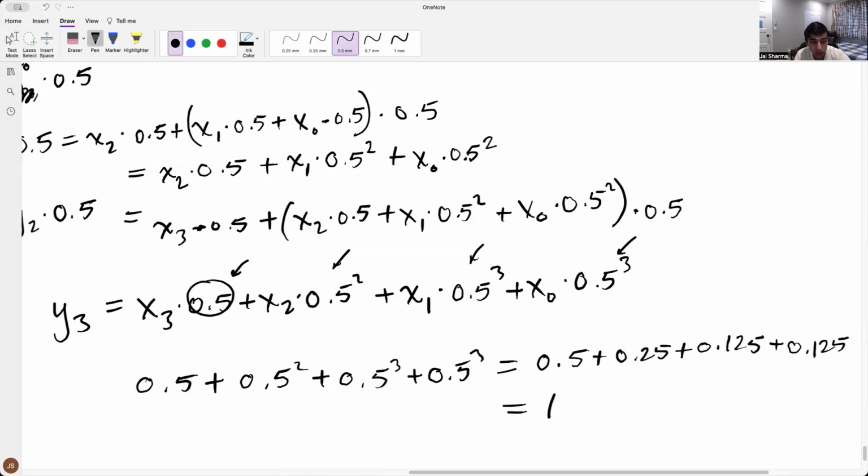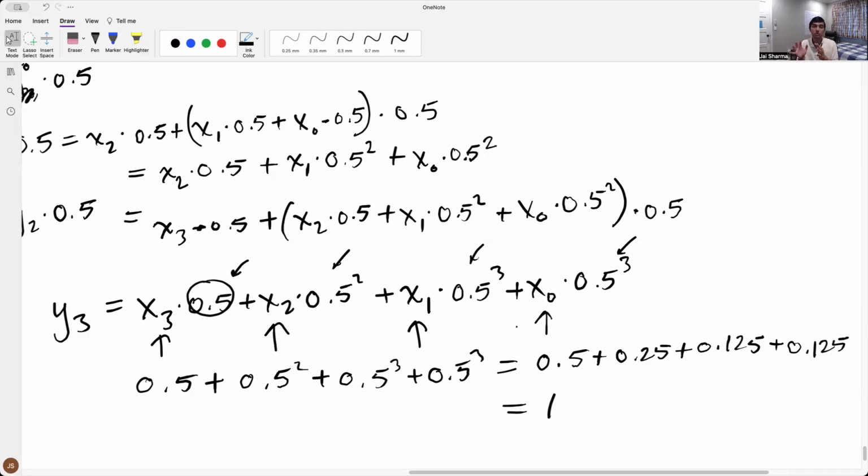Since x3 is being given a weight of 0.5 and x2 is being given a weight of 0.25 or 0.5 squared, right? In seeing this, we can start to understand that x3 is given the highest weight, x2 is given the second highest weight, x1 and x0 are given very, very small weights.